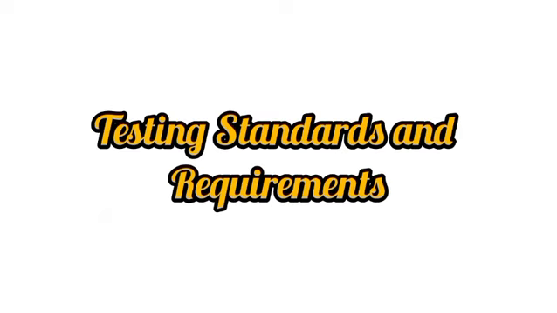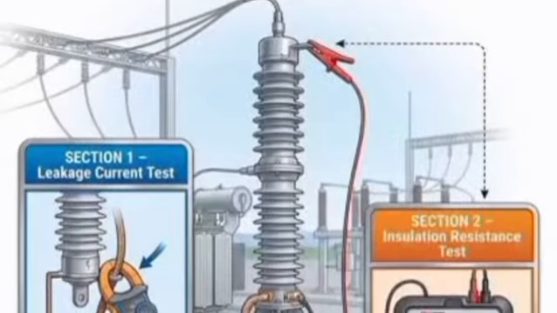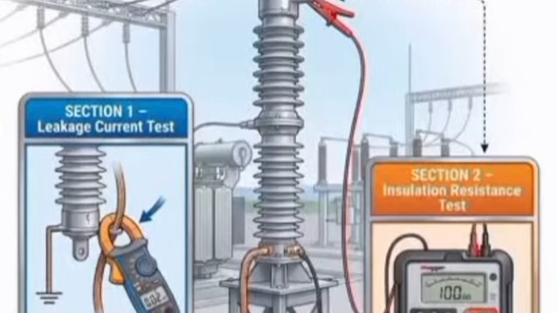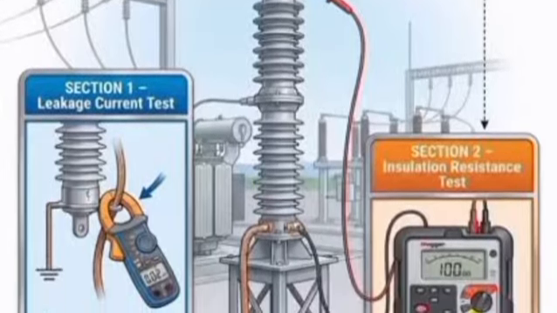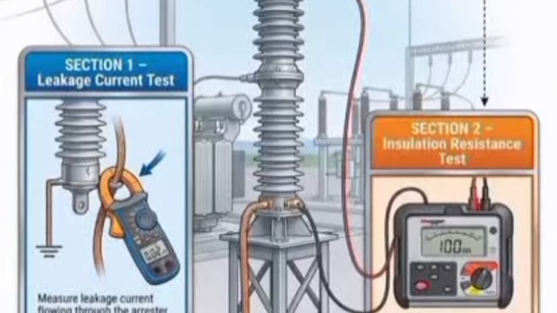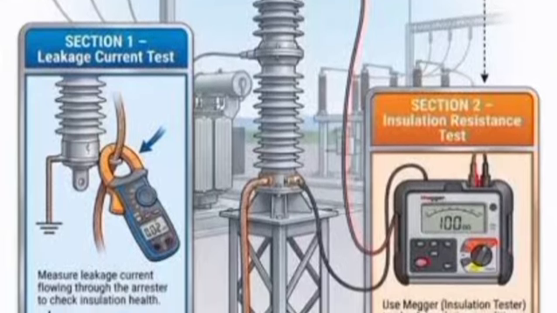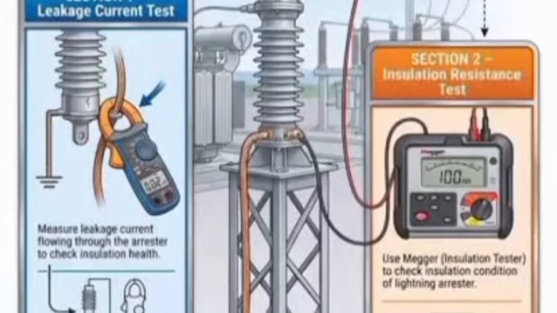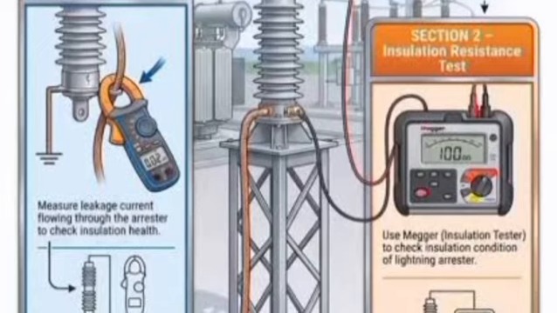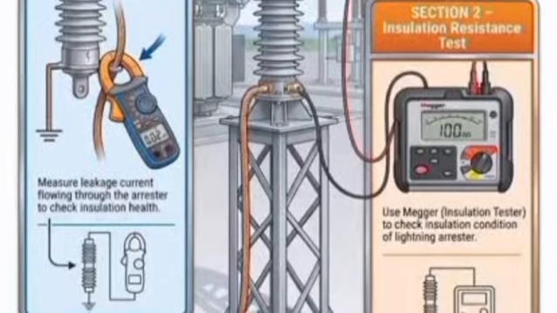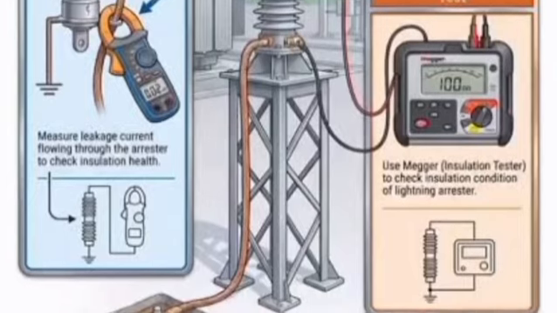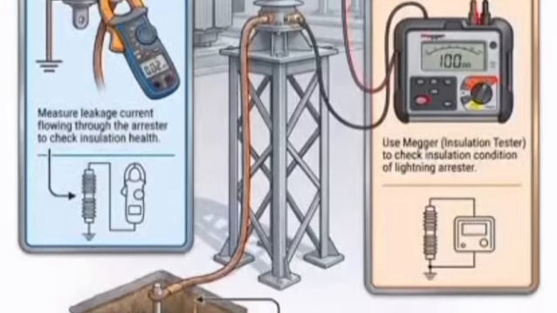Testing standards and requirements. The testing standards and requirements for these two devices are quite different. Because lightning arresters are connected to the primary electrical system, they need to have excellent external insulation properties. This often results in a larger size. Surge protectors, on the other hand, are connected to low voltage systems and can be made much smaller.